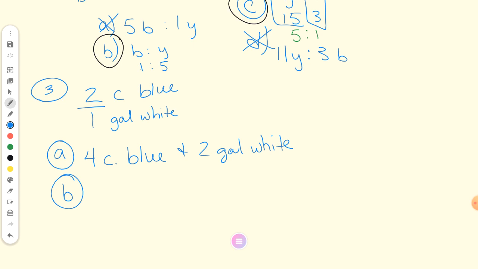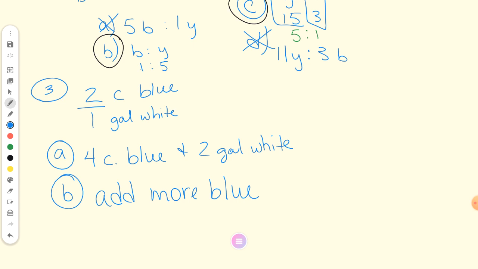Or you could have taken any equivalent ratio of 2 to 1 and then made the top number, the blue number, larger. Did it ask for a ratio? No, it just said explain. Yeah, so we just need to add more blue.